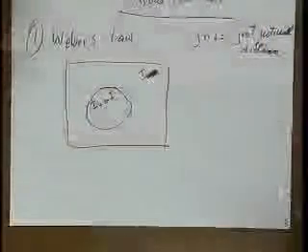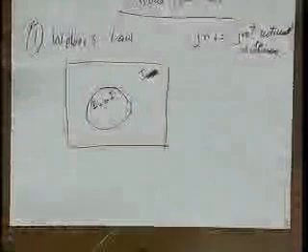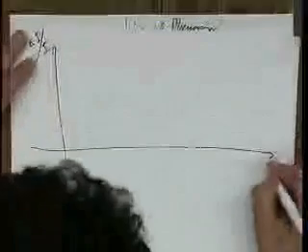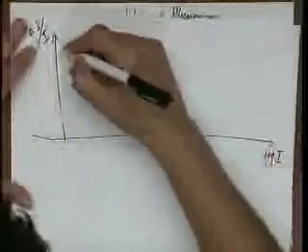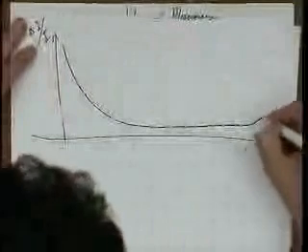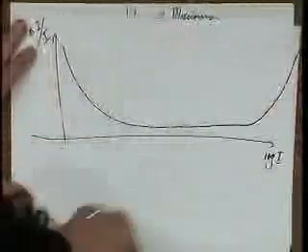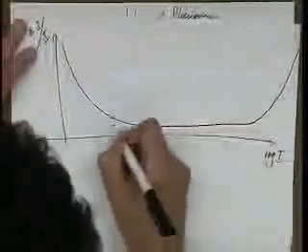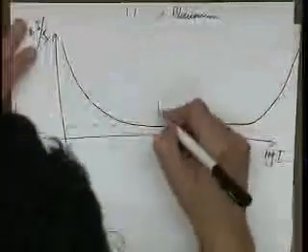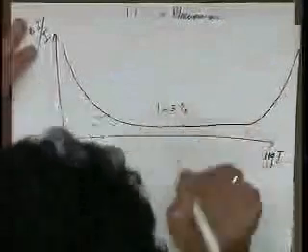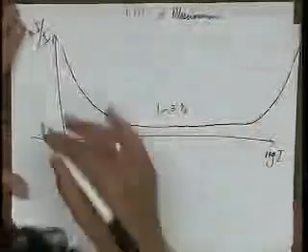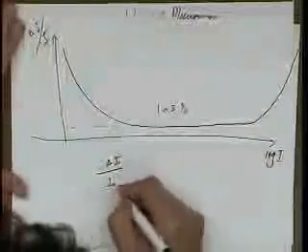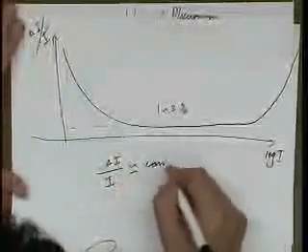And if you do this experiment, the plot that you end up getting for this thing is something like this. If I were to plot delta I over I as a function of log of I, then I get a pattern that looks like this. And this flat region is somewhere in the range of 1 to 3%. Okay? So in other words, the main phenomena that I observe is that delta I over I is approximately constant.